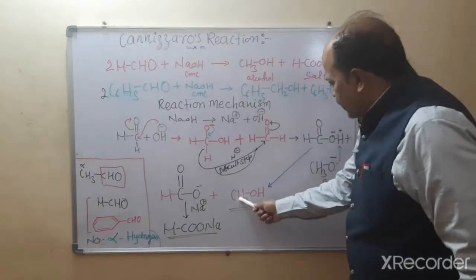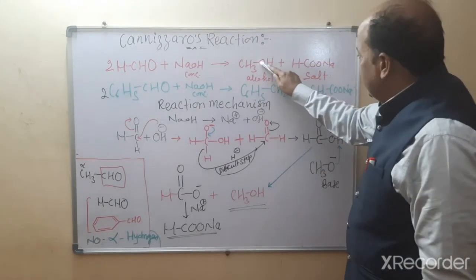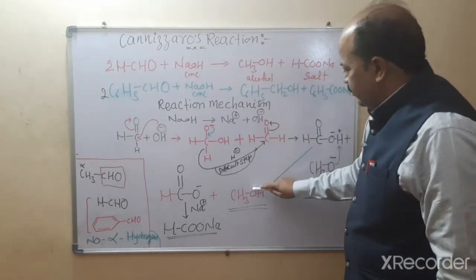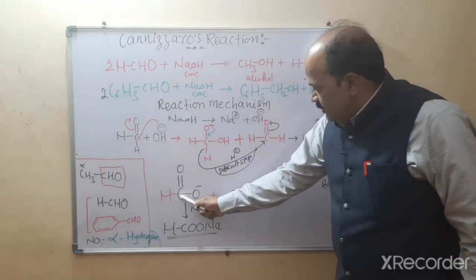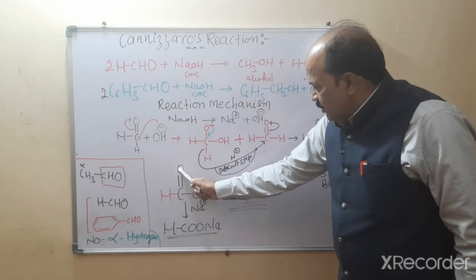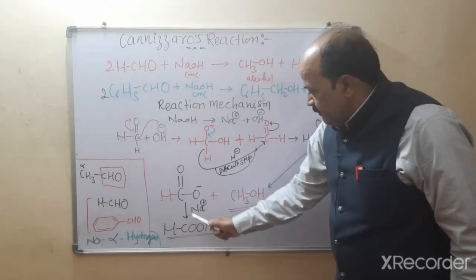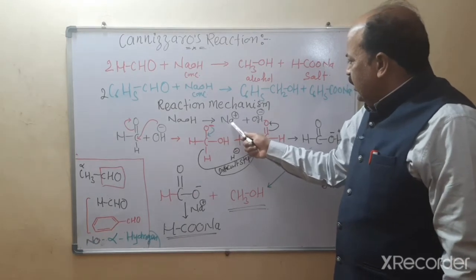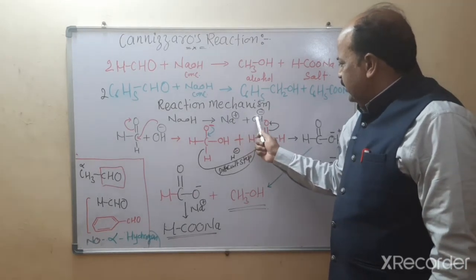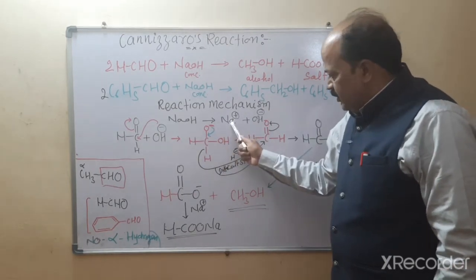So now see here, methyl alcohol is formed like here in your main reaction, and this will become like this, HC double bond O and O. This is a formate anion, and your sodium hydroxide releases the Na plus ion. This is used up here, but this remains here.